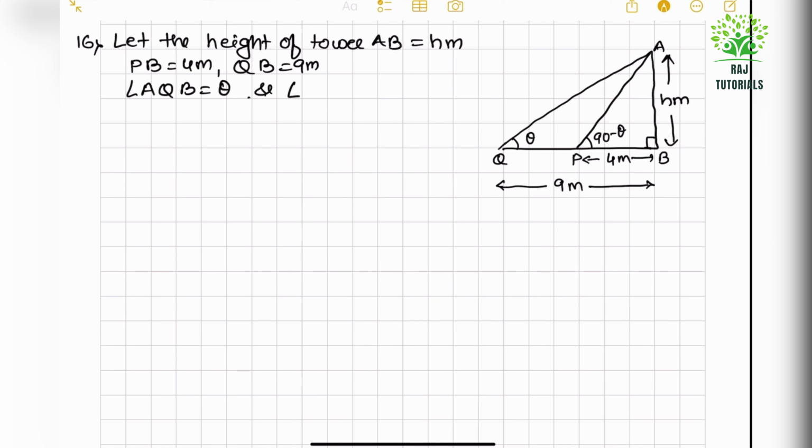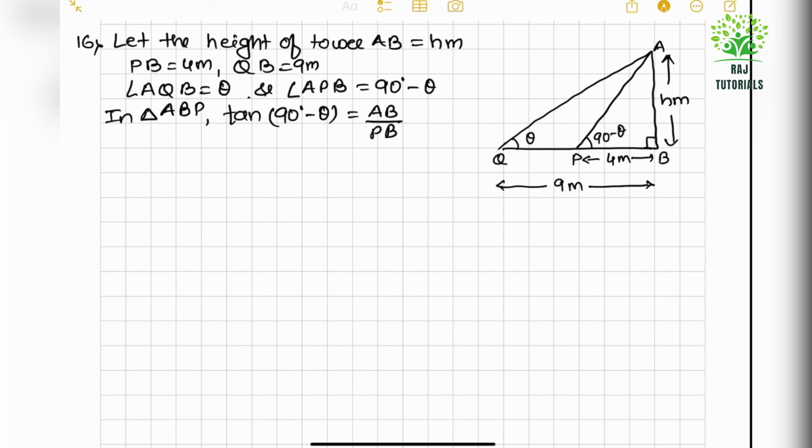First I am supposing that, and we are given PB equal to 4 meter, QB equal to 9 meter, and angle AQB equal to theta and angle APB equal to 90 minus theta. As he has said, both are complementary angle. Complementary angle means sum of two angles is 90 degree.